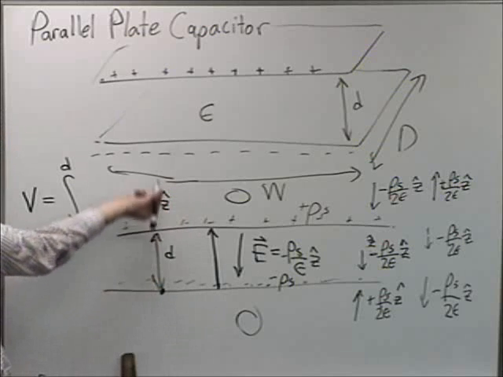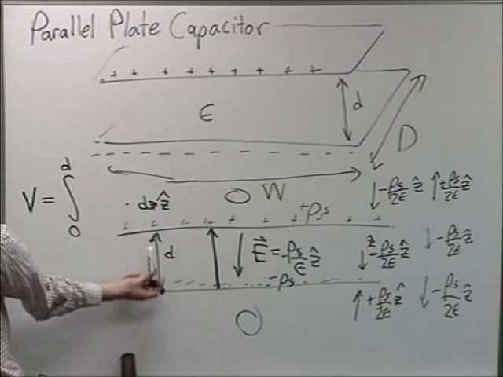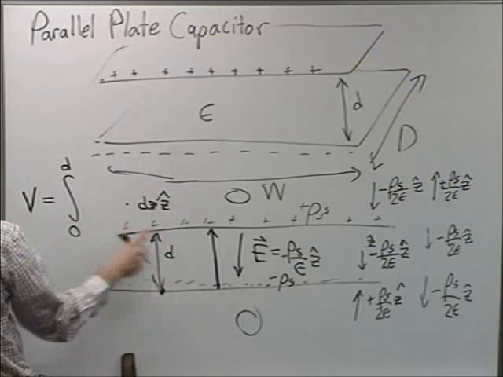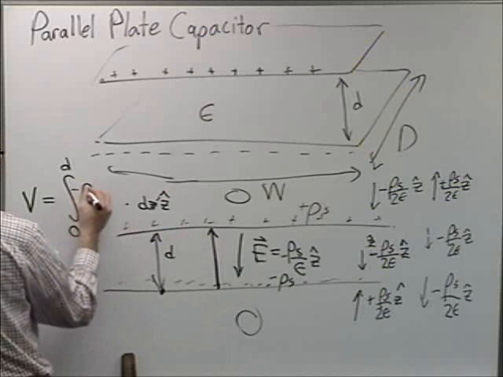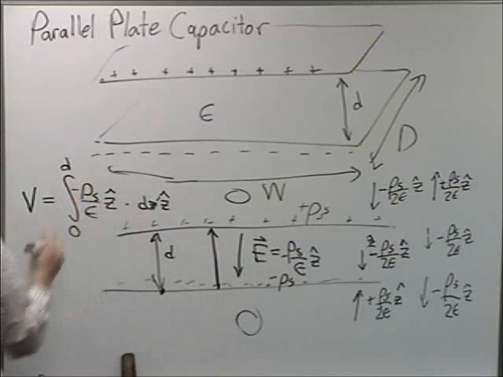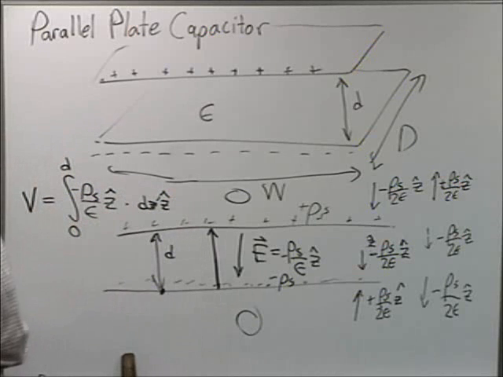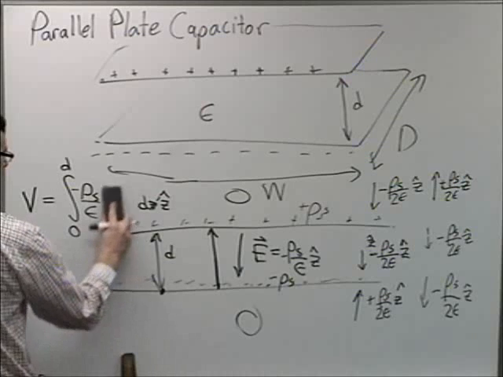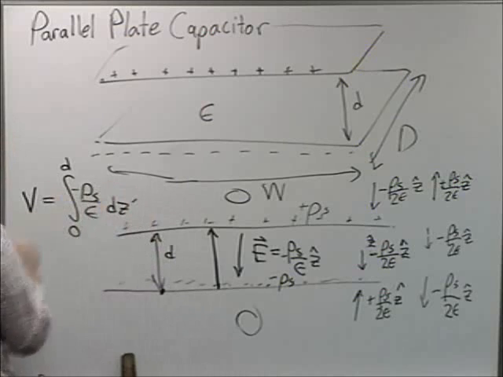I'm integrating up, counting the contributions of E field along a z hat path. And my E field here is minus rho sub s over epsilon, and that's also in the z direction. Conveniently, z hat dotted with itself is 1, and so this integral really reads dz prime times this constant. Trivial to integrate. Oh, I got to put a minus sign in front of there too, right?